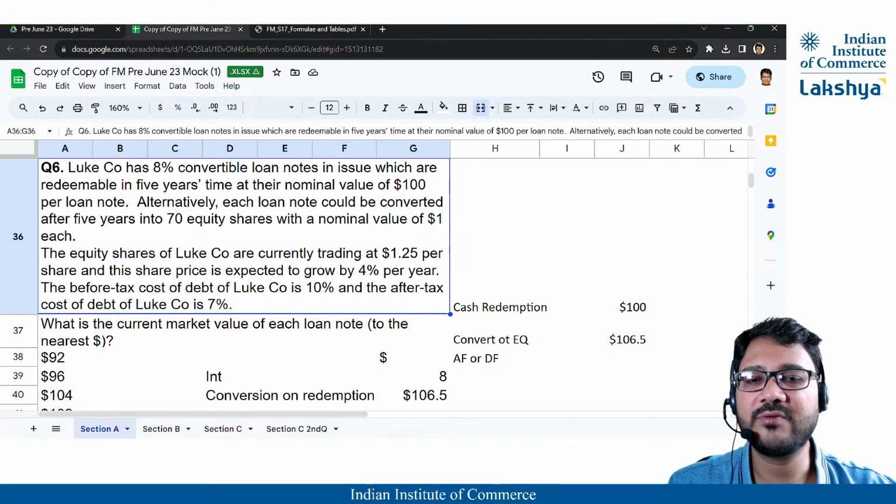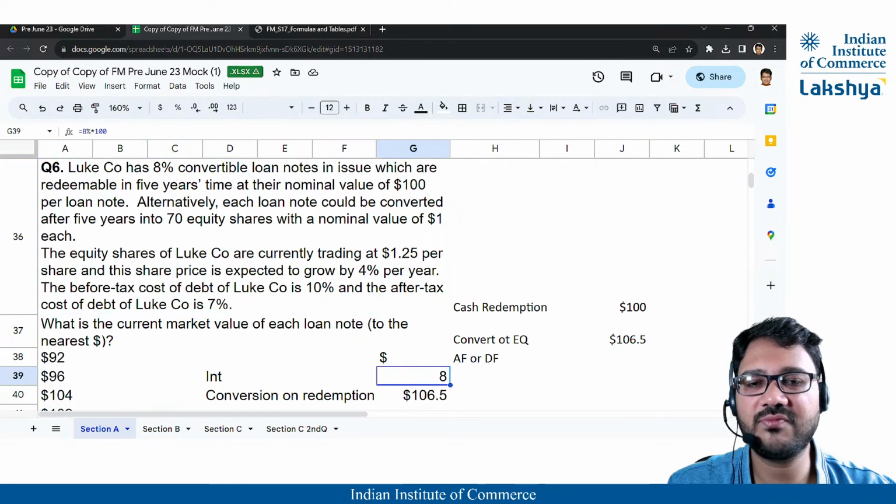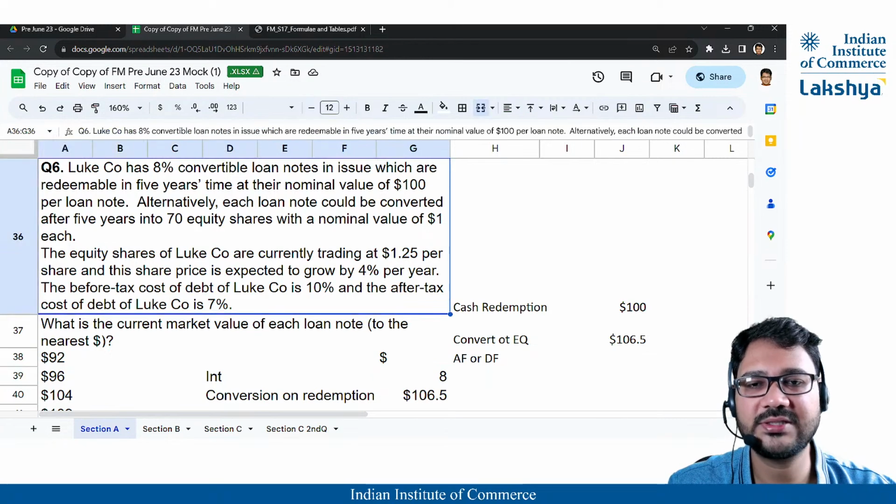Now, in this particular case, the interest we have taken is before tax, so the cost of debt also we'll take before tax. So 10% will be the discounting rate. So 10% for a 5 year annuity.